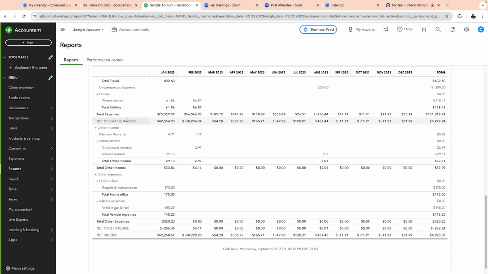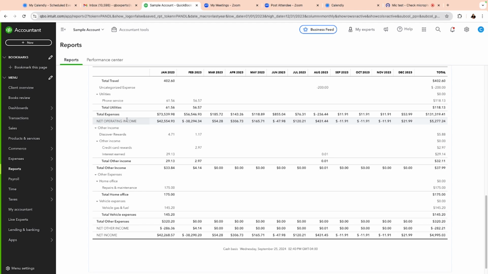Some people like to keep their vehicle expense as a separate expense as well, so you can track that better. And then finally, there's the net other income, and then the net income. And of course, you want to make sure that net income is a positive number, because if it is a negative number, it means that you're spending more money than what you're making. And that's not a good thing.